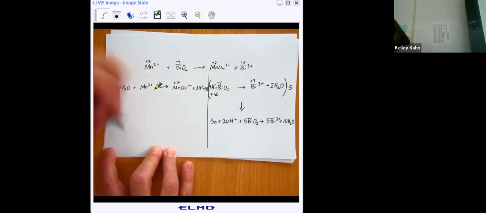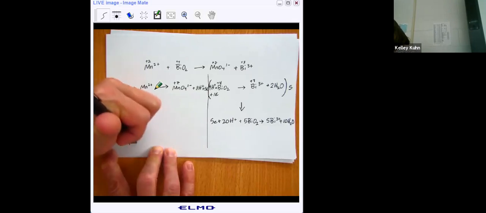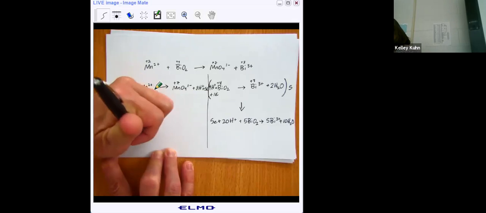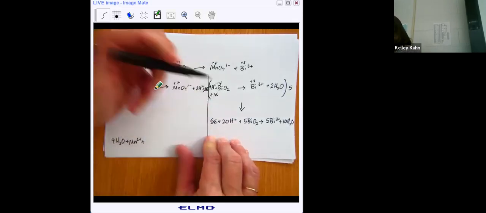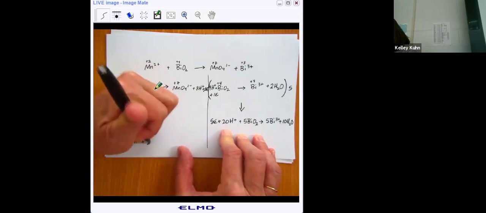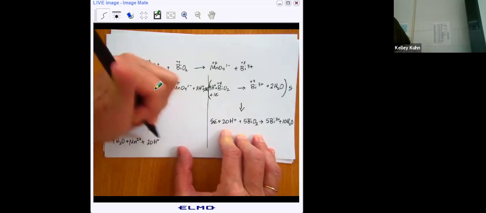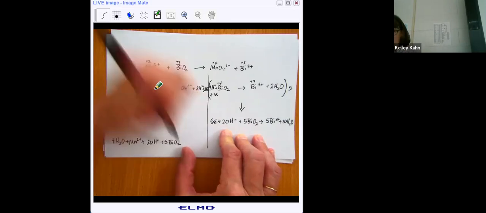On the left, I'm going to have 4 waters plus manganese plus, now I'm not going to write my electrons because they will cancel, plus 20 hydrogens, plus 5 bismuth oxides.